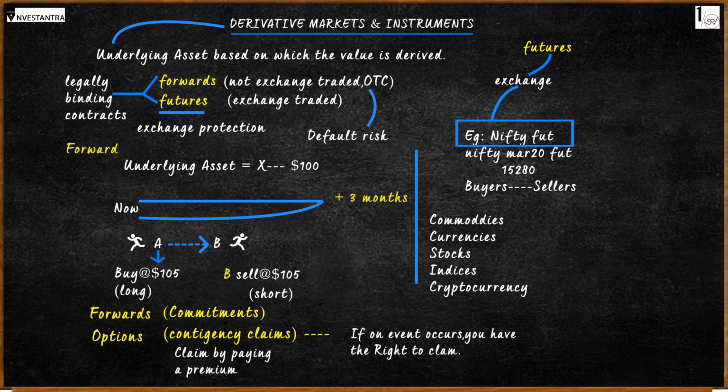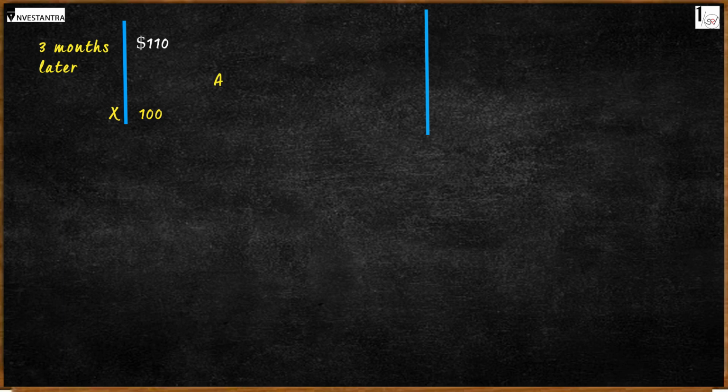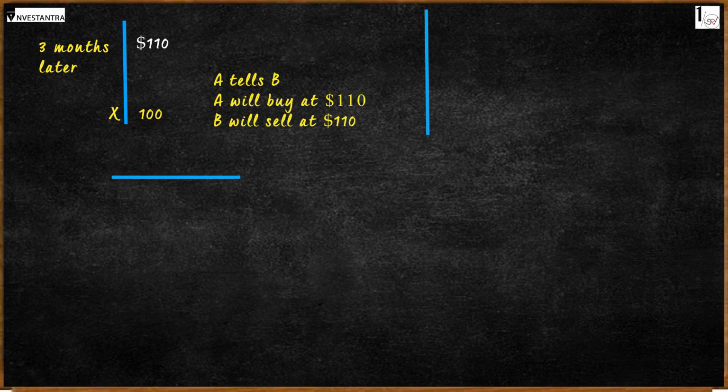So an example to prove this. You have a stock X that is trading at $100, right? A tells B that 3 months later, A will buy at $110. B will sell at the same price, right?